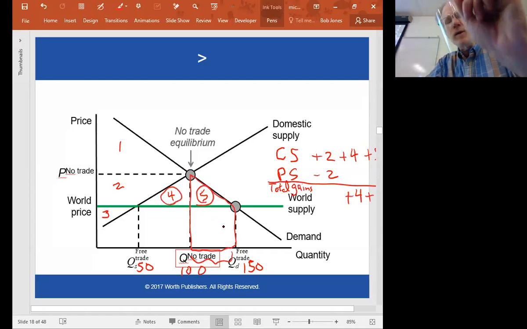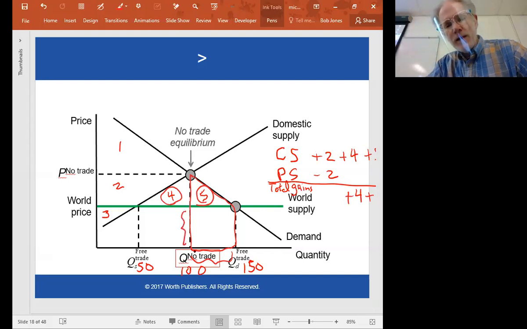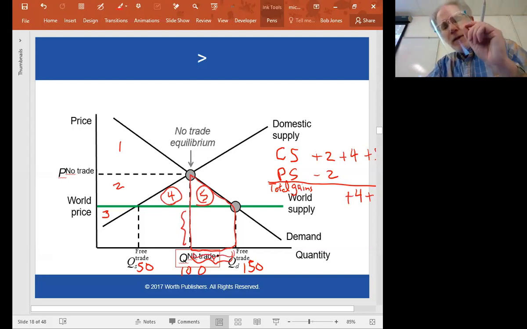That is what they would be willing to pay for those extra units. What do they actually have to pay? Well, they have to pay the world price, which is represented here, and that's an extra 50 million. So that would be this dimension. So the amount they have to pay for those extra units is this area.